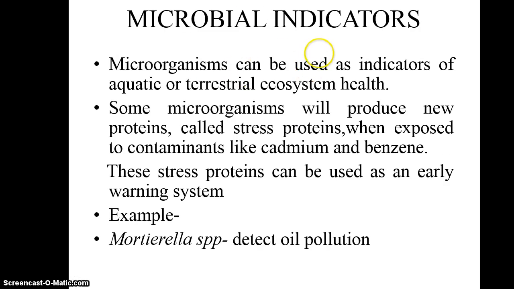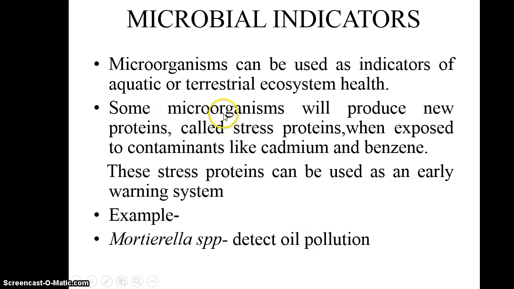Microorganisms, such as bacteria, are used to indicate the pollution or environment health of aquatic or terrestrial ecosystems. For example, the Mortierella species will show you water pollution by oil.